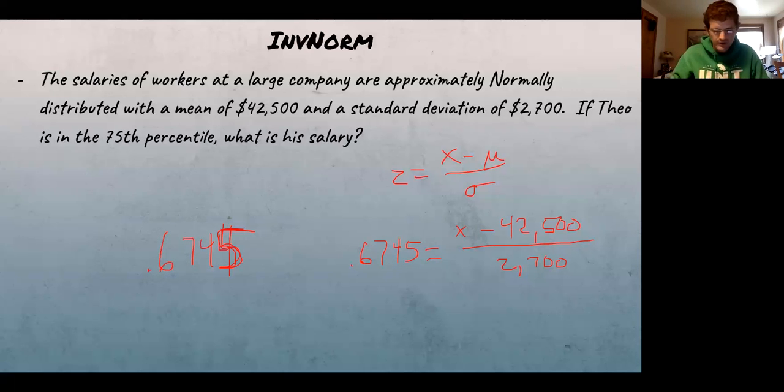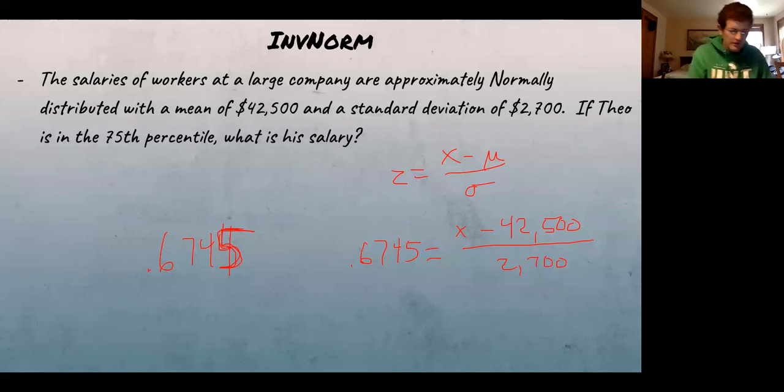I'll do that really quickly. I'm not even going to show that, but I can multiply both sides by 2,700. I'm not doing things with my calculator correctly. Times 2,700. There we go.